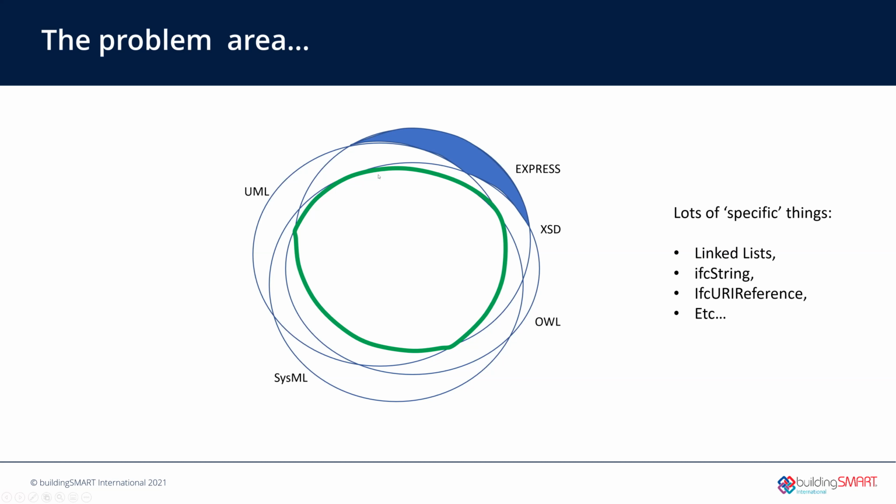And you see this green line as the sweet spot. We really want to take IFC 5 to a place where we can express the data standard in different languages relatively easily. Because of these weird specific things in IFC that are very difficult to express in other languages, you get alternatives.